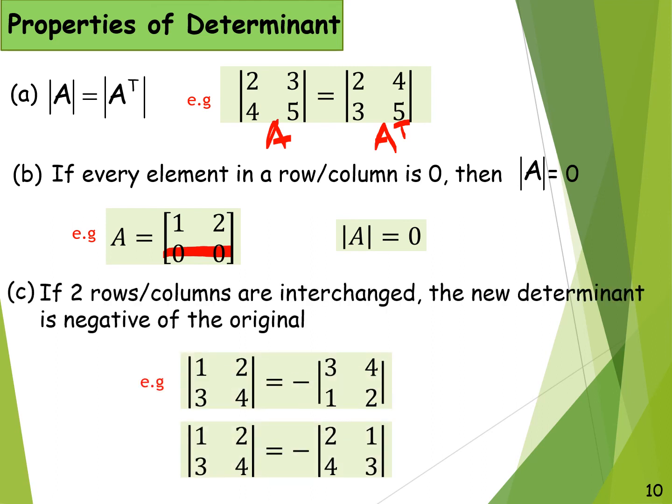C. If two rows or columns are interchanged, the new determinant is the negative of the original. The first example here is showing the interchanging of the first row with the second row, so that the new determinant is the negative of the original. For the next example, the first column is changed to the second column.